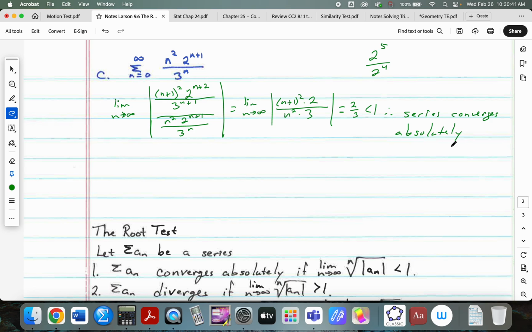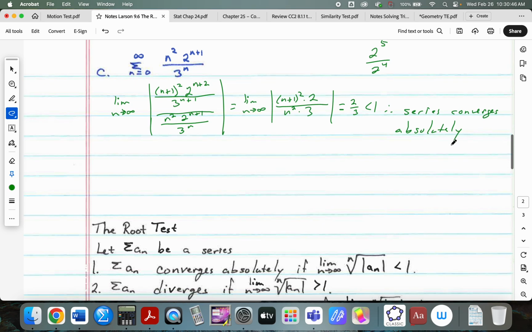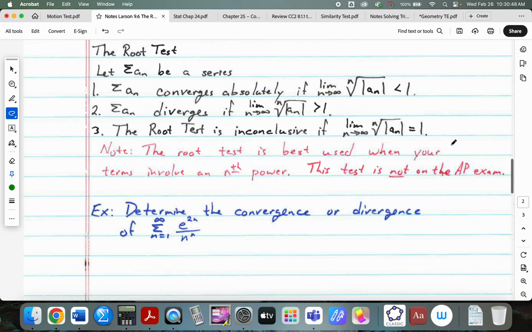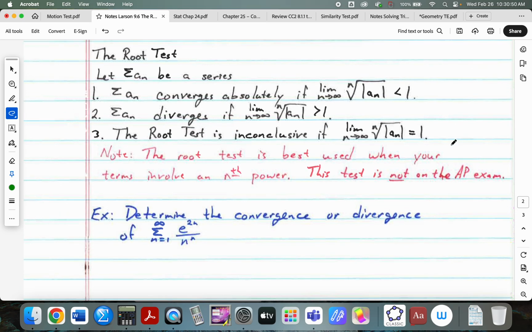The root test is used way less often, and the setup is pretty similar. You have some series. Again, it needs to be non-zeros.